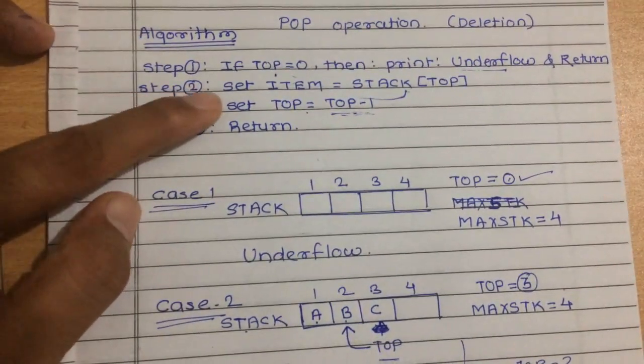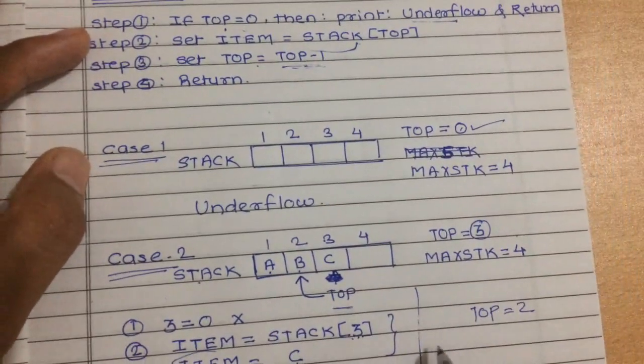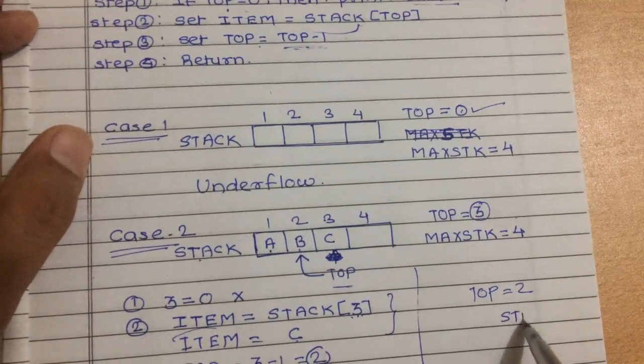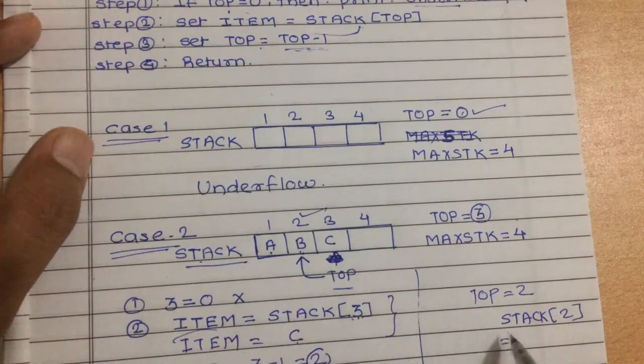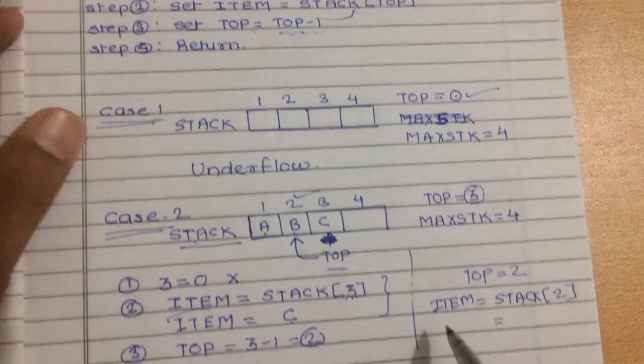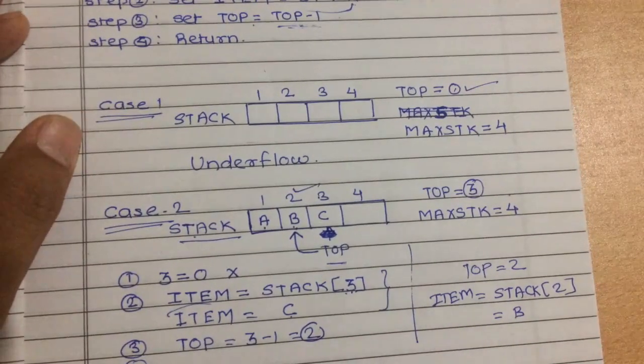The second step, set item is equals to stack of top. So here top is equals to 2, so stack of 2. So stack of 2 is B. So B will get stored into the item. So value of item becomes B.